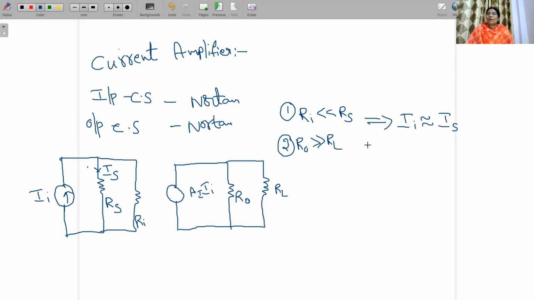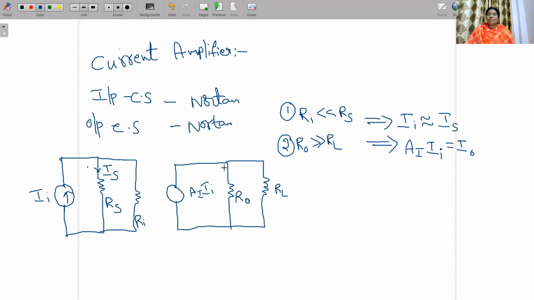Then the second condition is if R naught is far greater than RL. Then we have to know the condition of AI into IA. IA is equal to I naught. What is the I naught now?